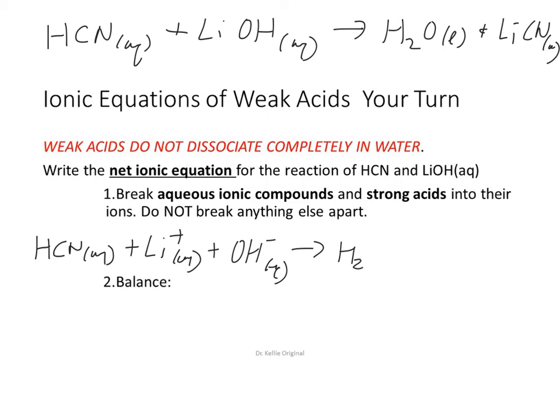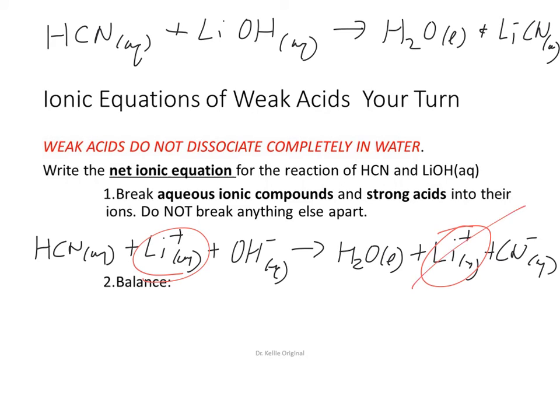Water stays together. Our ionic compound breaks up, so there's our ionic equation. Who's our spectator ion? Lithium. Lithium appears the same on both sides of the equation, so bye-bye, lithium.